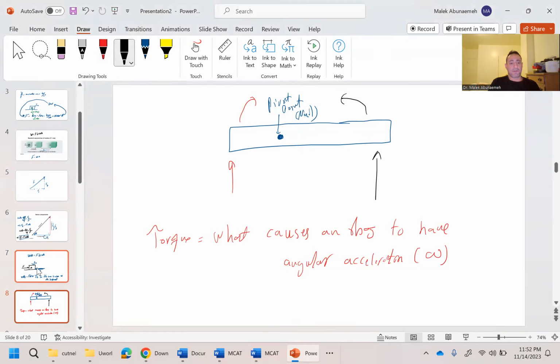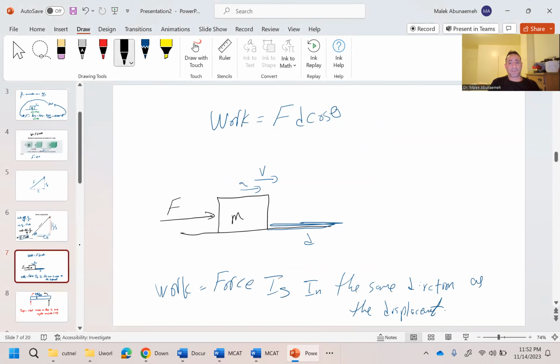We talked about work, which is your force times your distance. Talking about units, let me go through this. This is your force, which is going to be in newtons, and this is your displacement, which is going to be in meters.